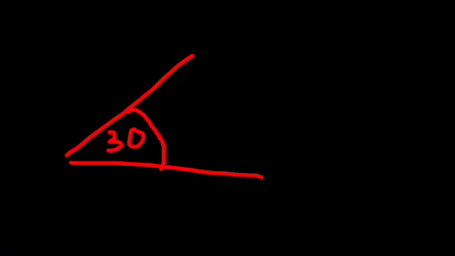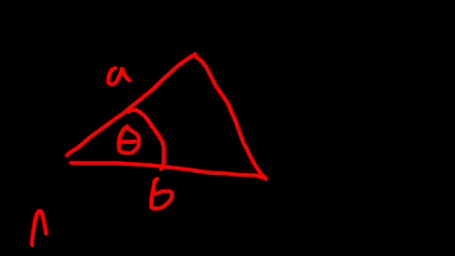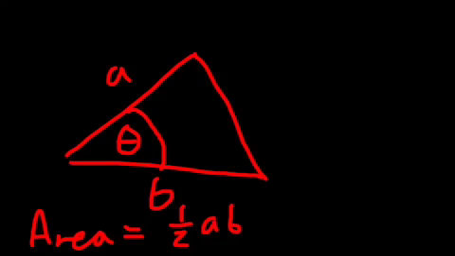We'll refer to the angle as theta, and the sides as A and B. Area equals 1/2 AB sine theta. Now, we won't really be using this one much, but it's only a bit of trigonometry, and it's nothing major.